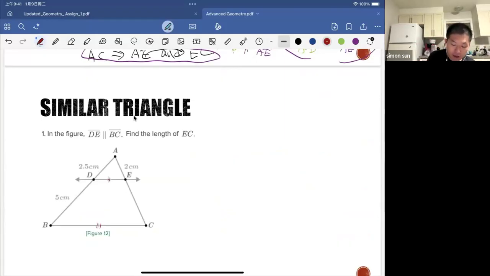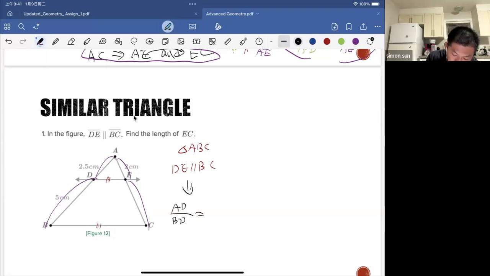We can directly say, because ABC is a triangle and DE is parallel to BC, the left ratio is equal to the right ratio. So we have AD over BD is equal to AE over EC, and EC is what we need to calculate. AD is equal to 2.5, which I get from the graph. BD is 5. AE is 2.